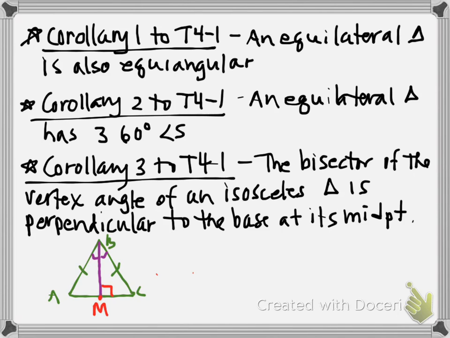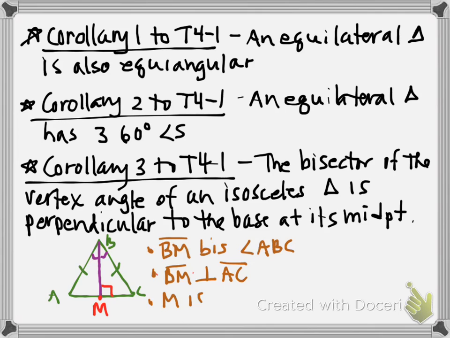According to this theorem, these are all the pieces of information I can get from this. We have segment BM bisects angle ABC. It also says that segment BM is perpendicular to segment AC. It also says M is the midpoint of segment AC. Wow. That's going to be really helpful in a proof. That's a lot of stuff I can get from that one.